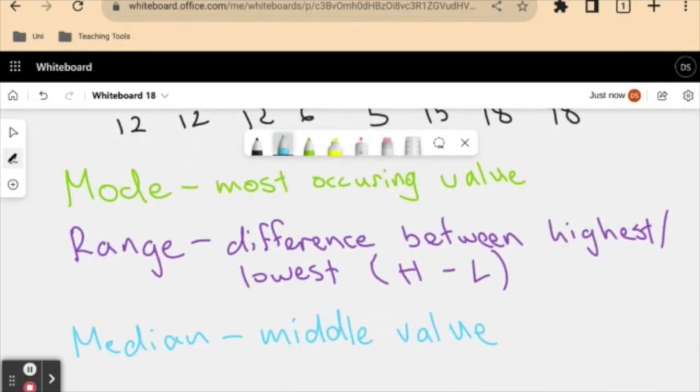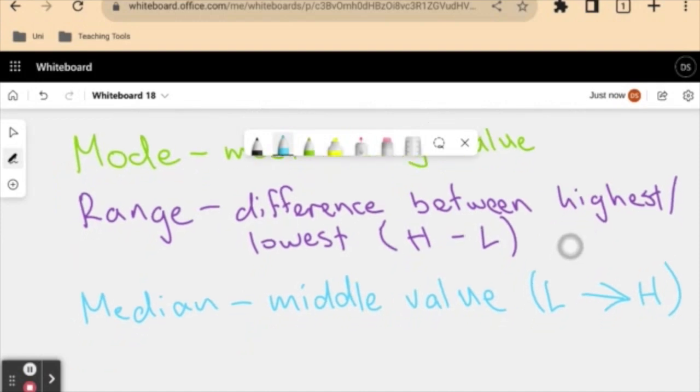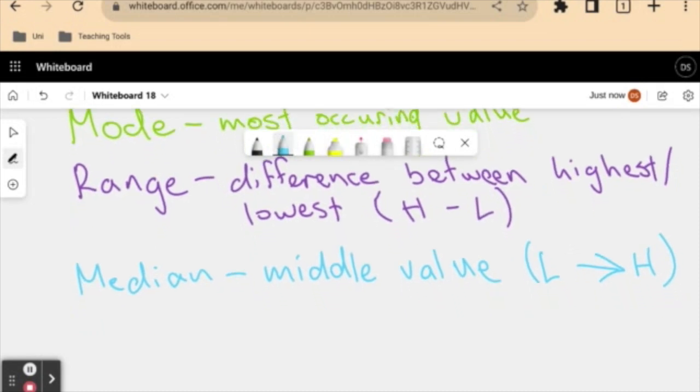So I'm going to write that in brackets here: lowest to highest. L for lowest, H for highest. So our median is our middle value when we look at our data from the lowest value to the highest. And finally, we have our mean.